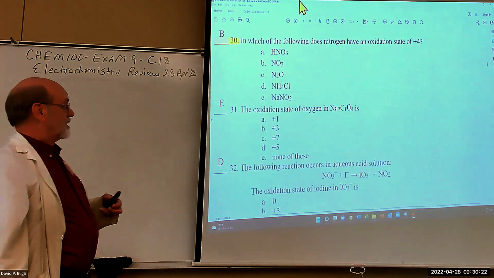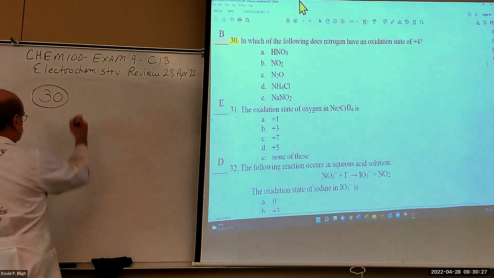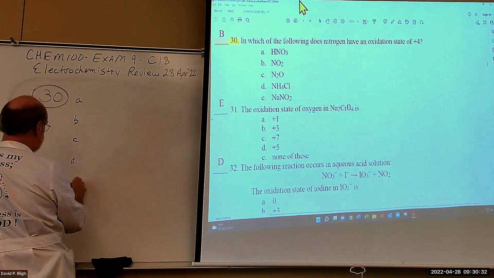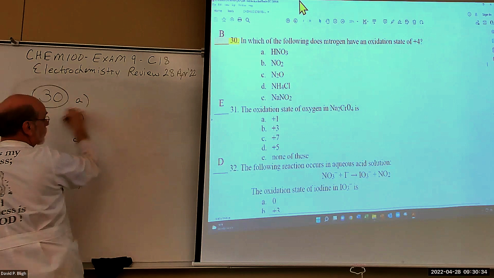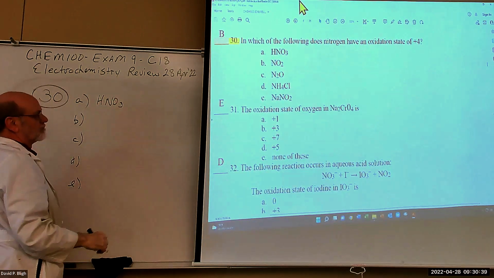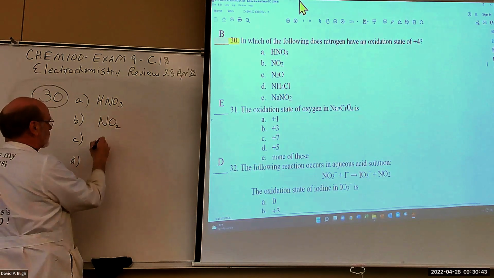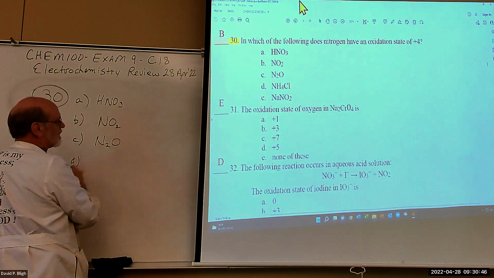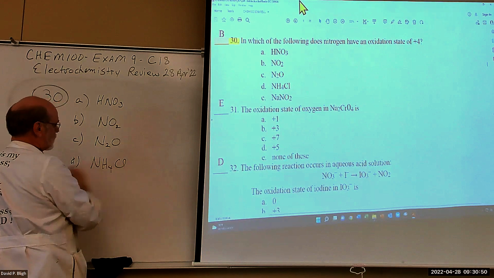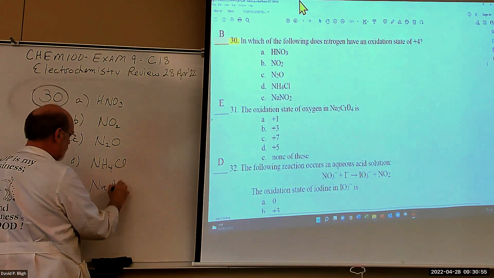Okay. So we're going to have to do each one until we find the right one. A, B, C, D, and E. So the first one is HNO3, nitric acid, nitrogen dioxide, dinitrogen monoxide, ammonium chloride, and sodium nitrite.